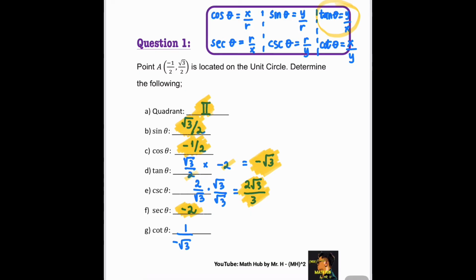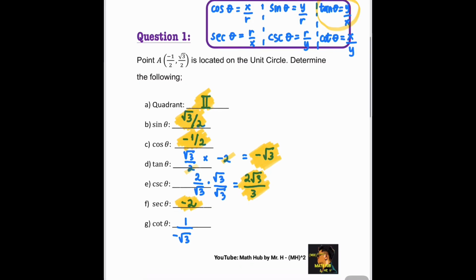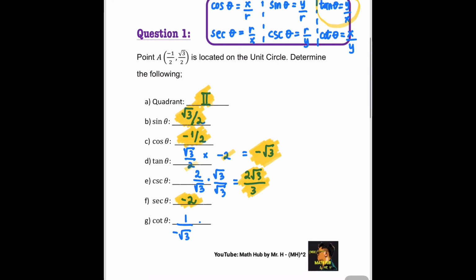We need to rationalize the denominator by multiplying the fraction by square root of 3 divided by square root of 3. You can put the negative up, it's okay. Proceeding with the multiplication, negative 1 times square root of 3 is negative square root of 3 over square root of 3 times square root of 3, which is square root of 9, and square root of 9 is 3. So that's the final answer.